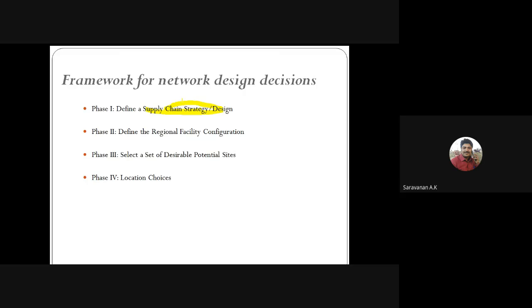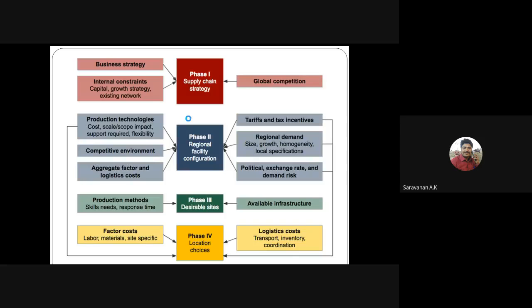The third phase is the desirable potential sites, and the fourth phase is the location choices. In phase one we see the competitive strategy, that is the business strategies, the internal constraints, and the global competitions.